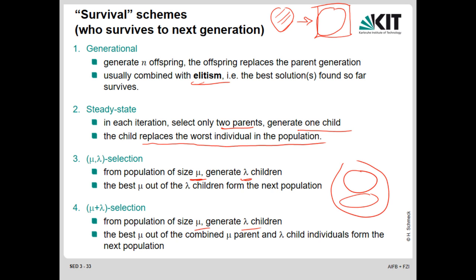So there, the old parents have a chance to survive, and the new children have a chance to survive into the next population if they are better than other ones in the old population. So these are standard schemes for what is sometimes called environmental selection, or forming the next generation out of the old parents and the offspring that you have generated. And in this way, you get a new population.